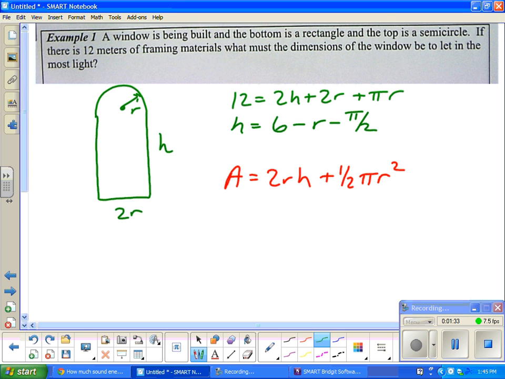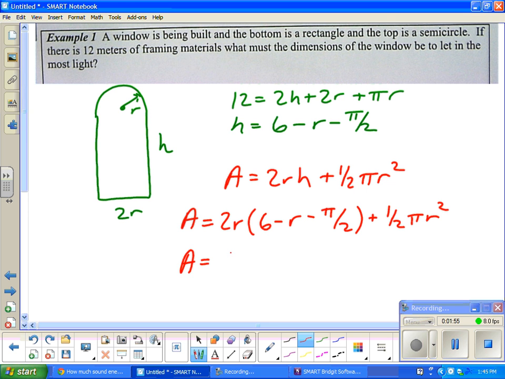All right? And with that constraint now, I can plug that into the red equation for A and get to one variable. I get A equals 2r times 6 minus r minus pi over 2 r, plus 1/2 pi r squared. And before I take the derivative, because I want to find a max or min, and this is not related to time, I think it just makes my life a little easier if I distribute right away and get here.